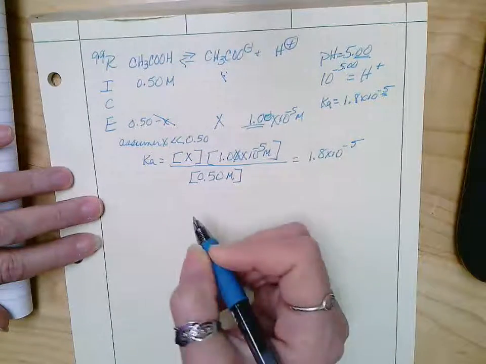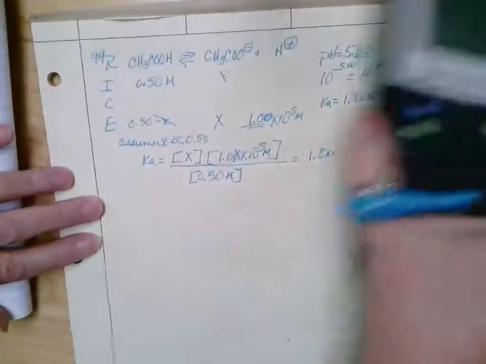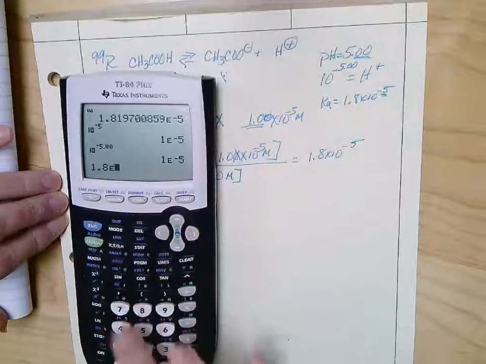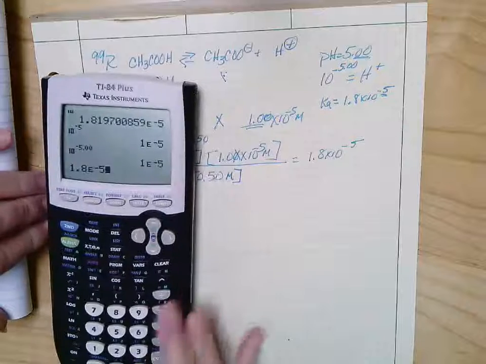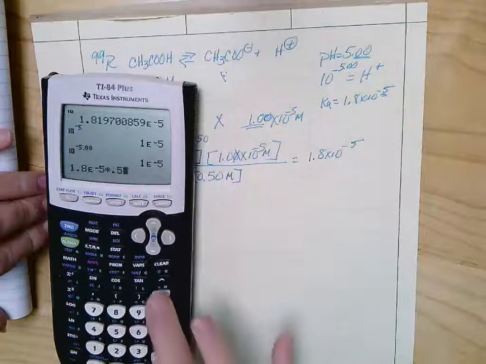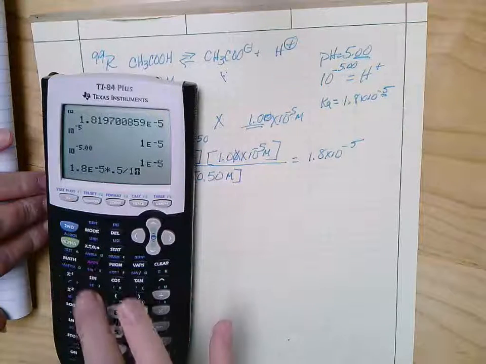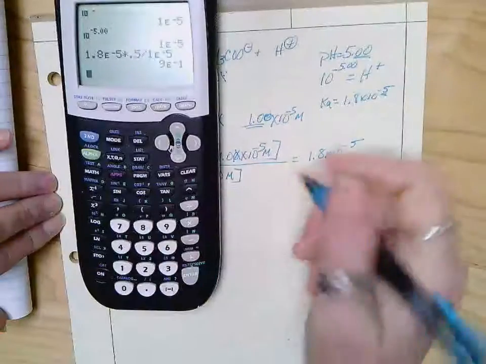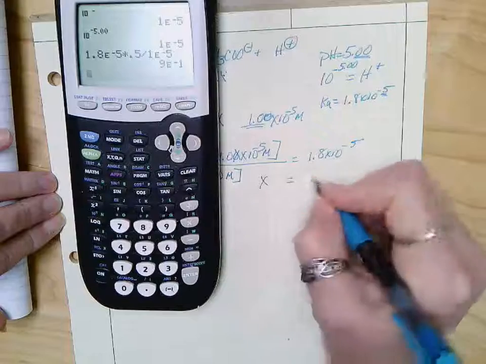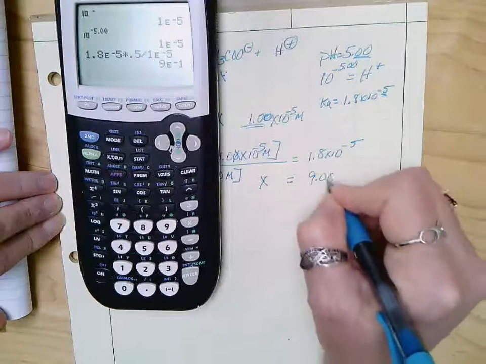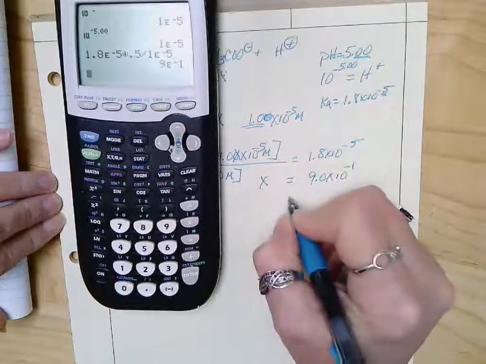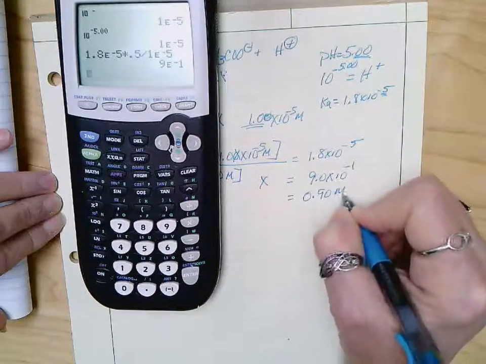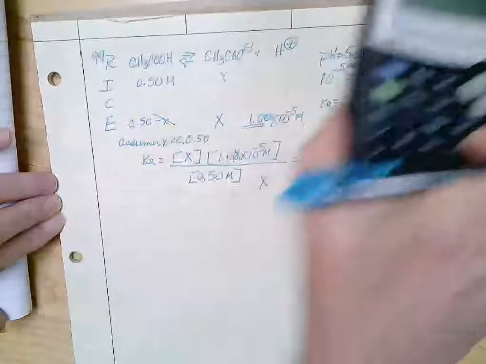So I'm solving for x. I'm going to take 1.8 second EE negative 5th, multiply that by 0.5, and divide by 1 second EE negative 5, equals, and I get that x is going to equal 9.0 times 10 to the negative 1, which is 0.90 molar is what I need to make.